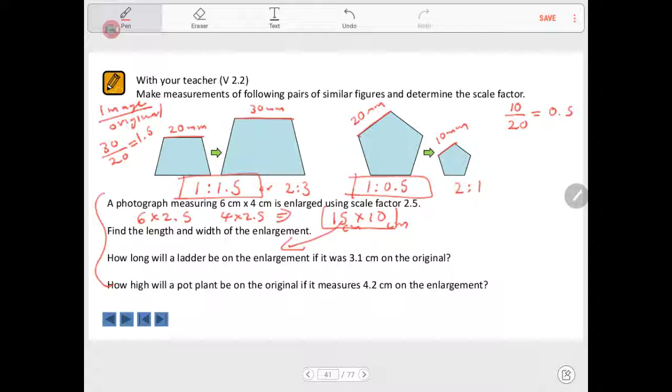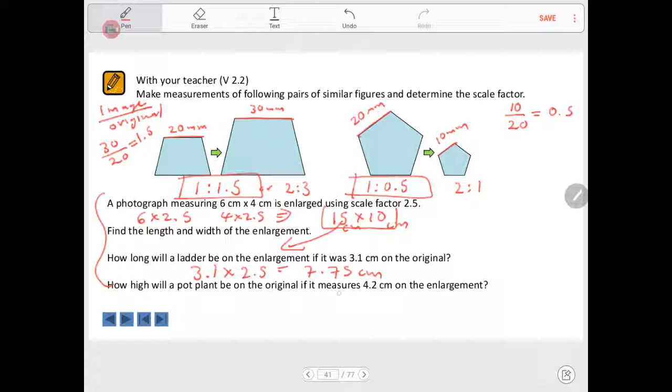That's for that one. Okay, so a ladder in the enlargement, it was 3.1 centimetres on the original. So if we multiply that by the scale factor that's used, 2.5, on the enlargement, it'll be 7.75 centimetres. So in this case, we're going from the real measurement, the original measurement, to the enlargement, so we're multiplying.